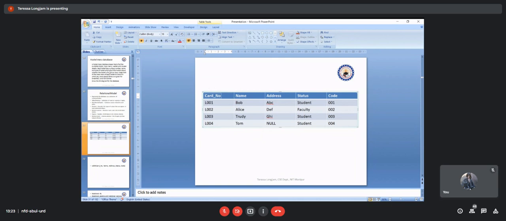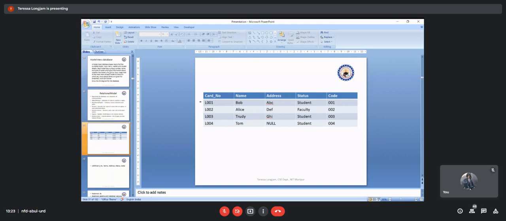In the relational model, in formal terminology, we will be using the term attributes. So these are the attributes, and the name of this relation is user. I can't write the name here, so just know that the name of the relation is user. These attributes are the headers of the columns.